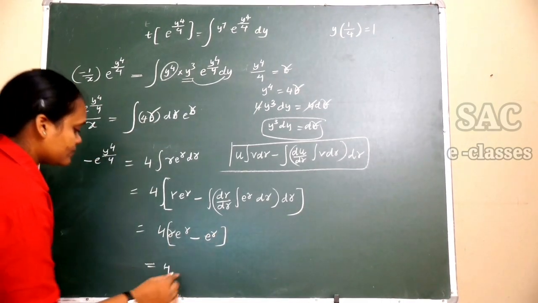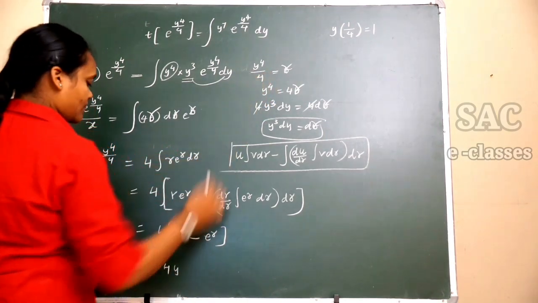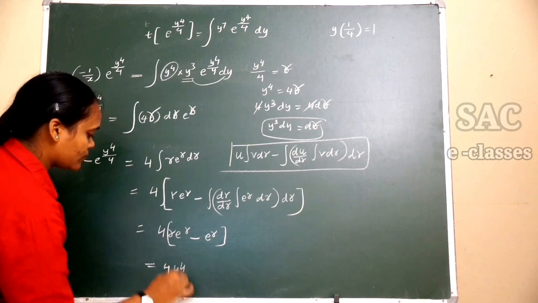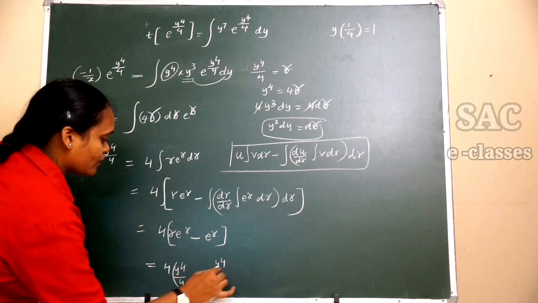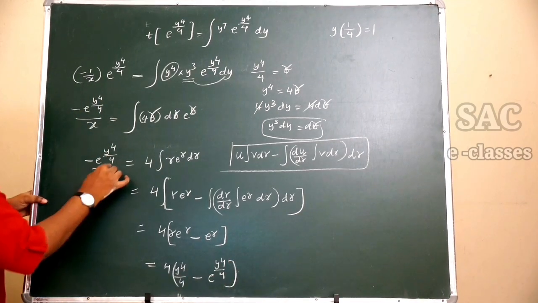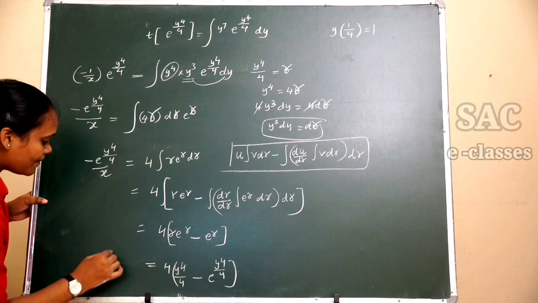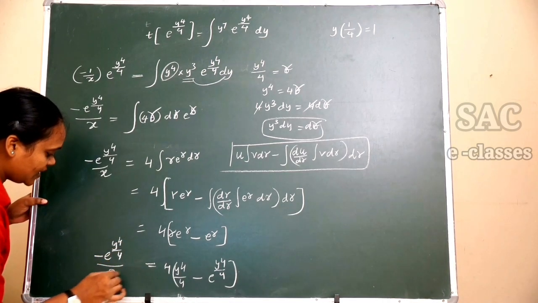Here 4 into r, where r is y power 4 by 4, minus e power y power 4 by 4, which is equal to minus e power y power 4 by 4 by x.